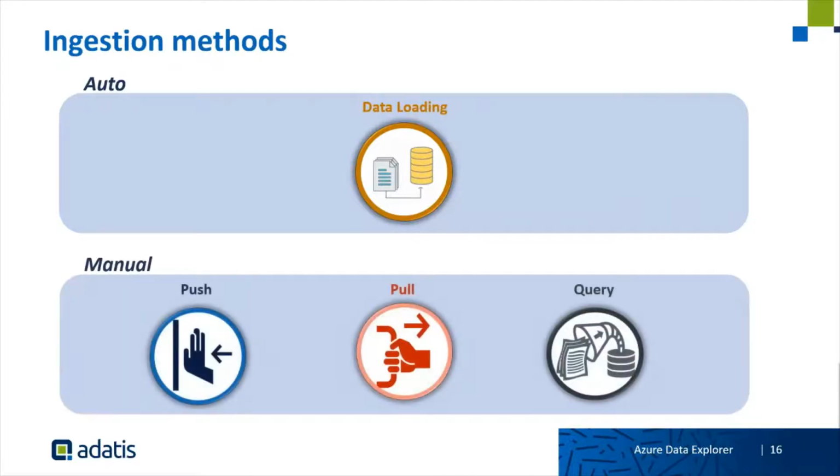So some manual ways to ingest the data. So we can push the data, and when I say push the data, it means we are hard coding the values within the Azure Data Explorer KQL query and inserting them inside the table. It is similar, for anyone who has used SQL, to insert into in SQL.